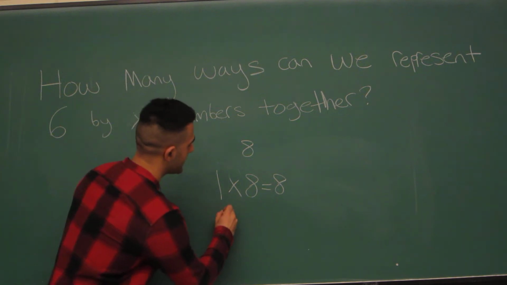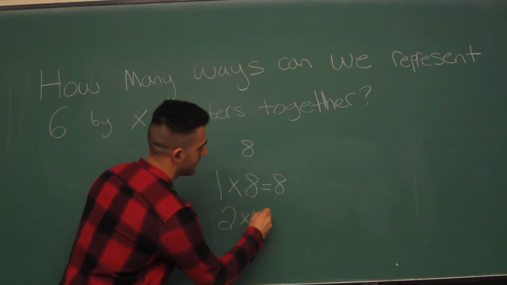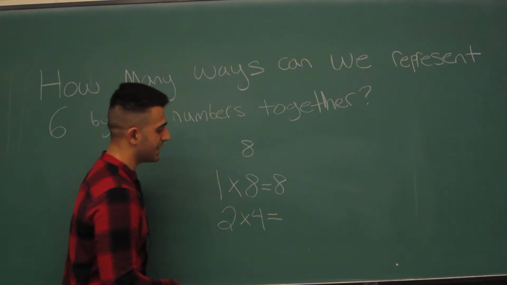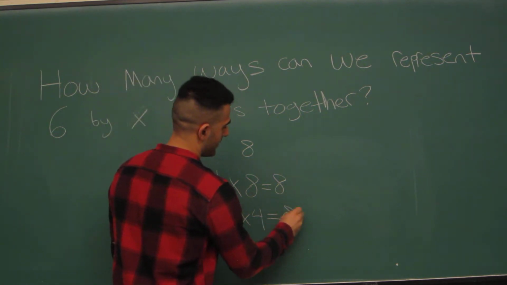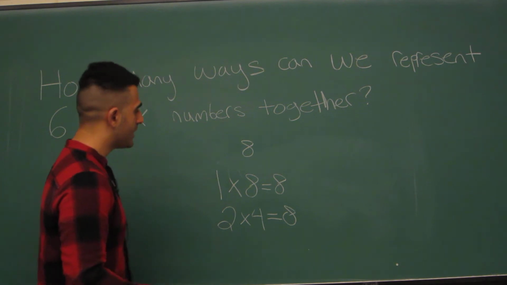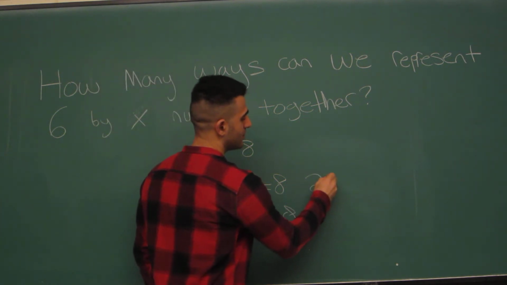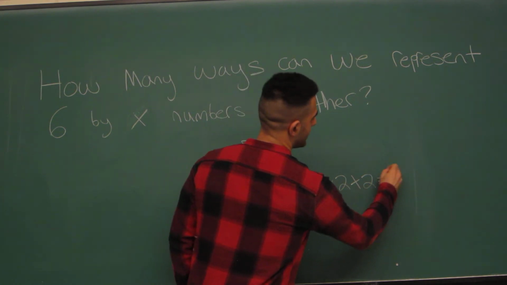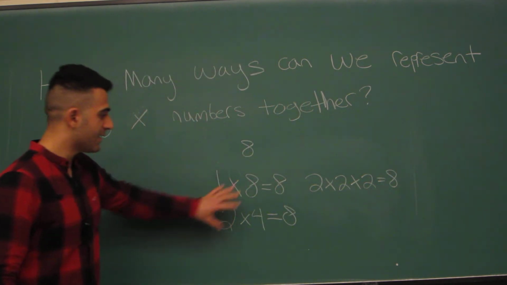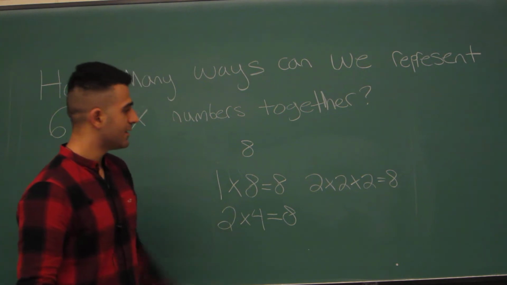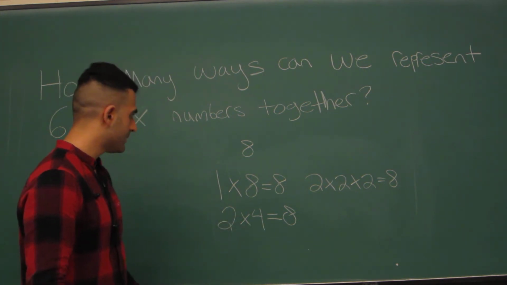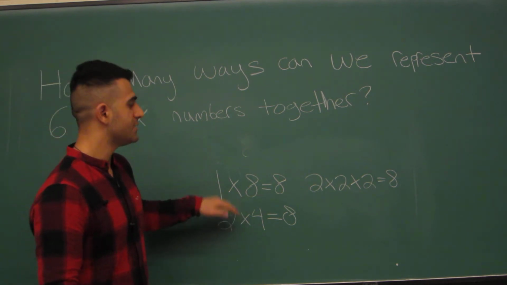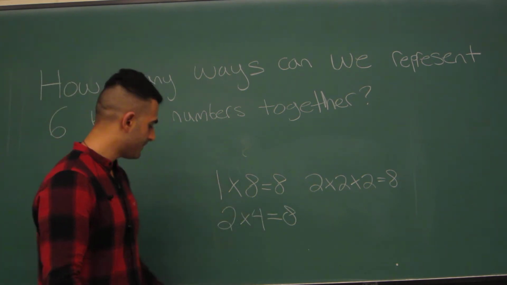The second way is, we know that 2 times 4 is equal to 8. And then I'm pretty sure the only possible way left is 2 times 2 times 2 is equal to 8. So now we have 3 representations of getting 8. And there aren't any other possible ways you can multiply numbers to get 8.